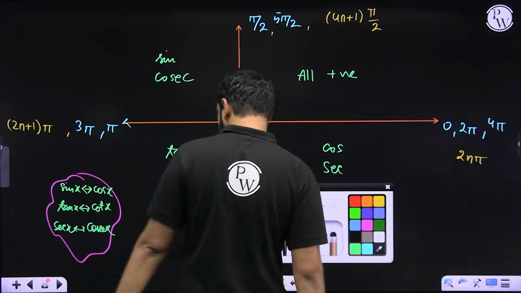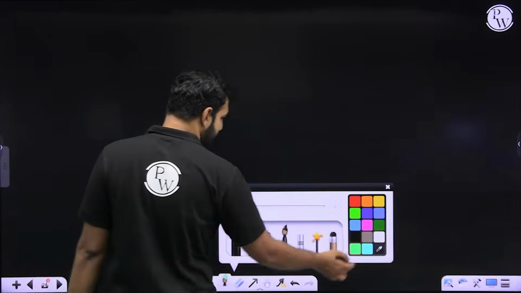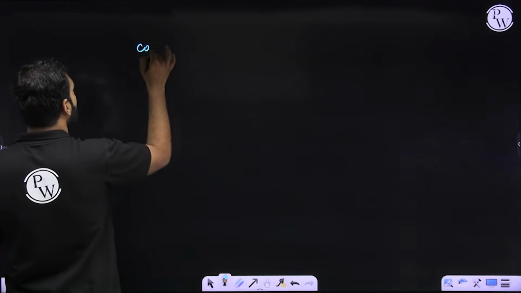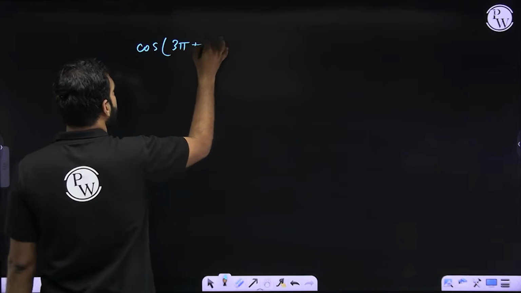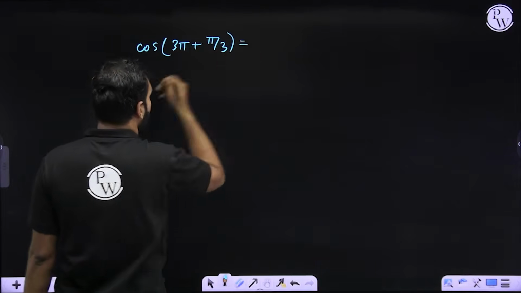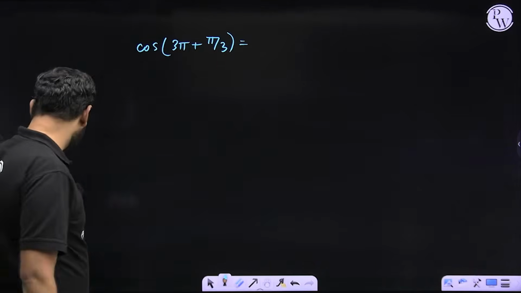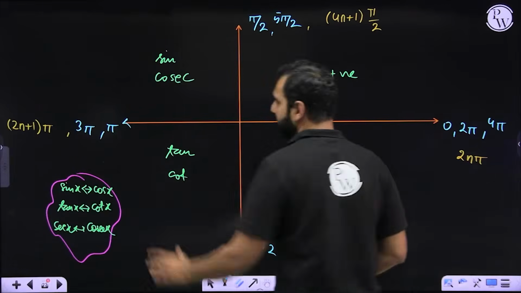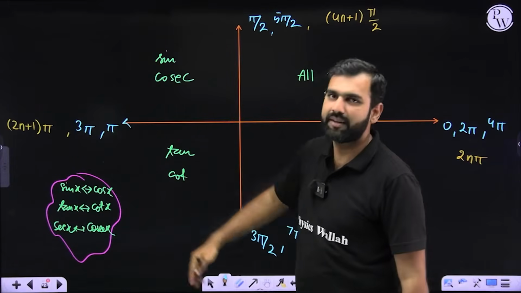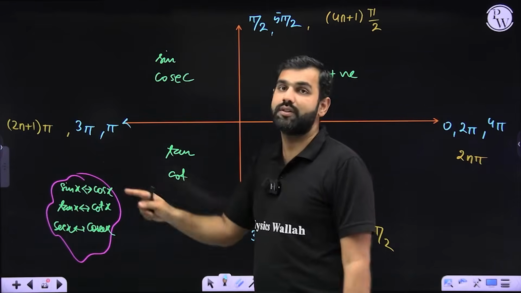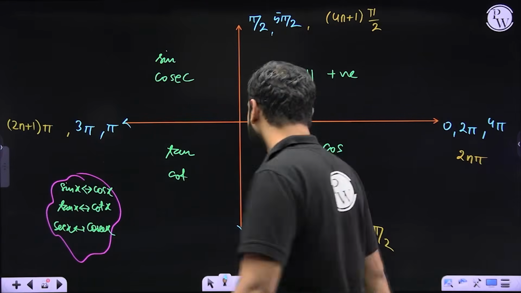Let's say I have an angle where I'm writing cos(3π + π/3). Now, identify the quadrant. I hope you can see 3π is here. When 3π + π/3 is done, you are moved into the third quadrant.